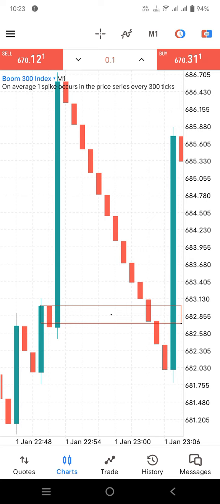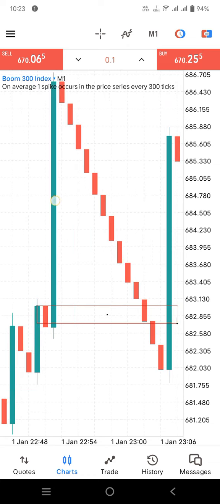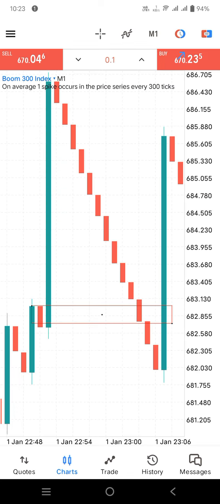Once this happens, and after the sell, the market comes back to the same zone again. Look here, the market started. Let me explain it well.